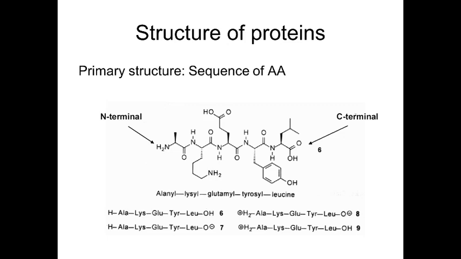Important when we write such structures down is that we start on the left-hand side with the amino group of the amino acid, and on the right-hand side we end up with the carboxylic acid, and these two ends of the polypeptide are called the N-terminus and the C-terminus.